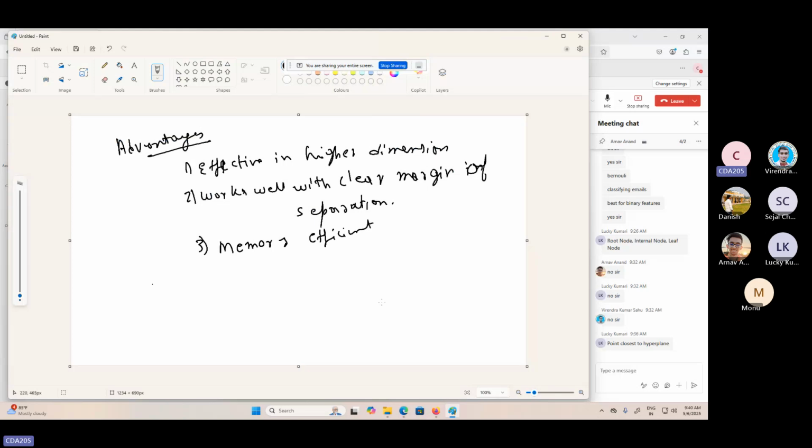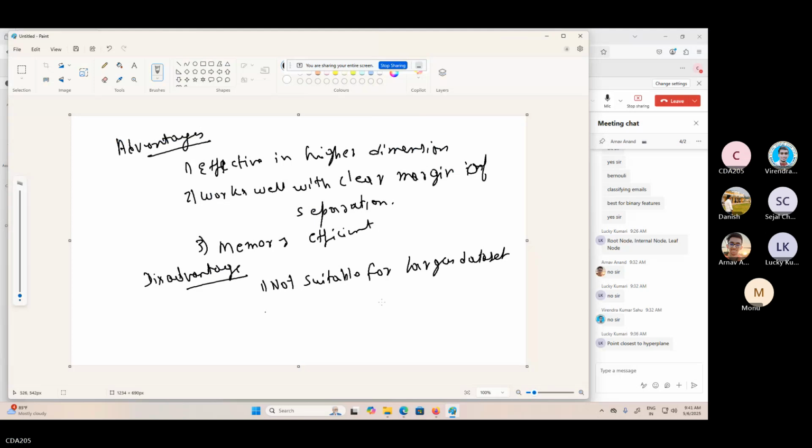What are the disadvantages of SVM? One of the most important is that it is not suitable for larger data sets.